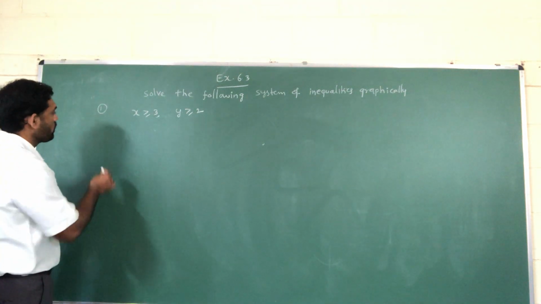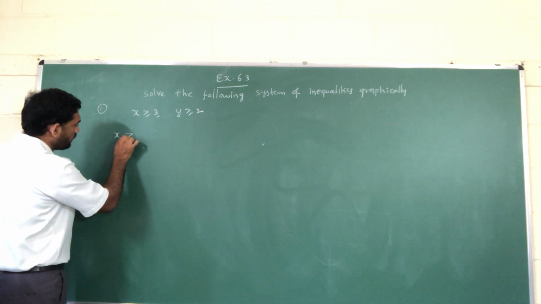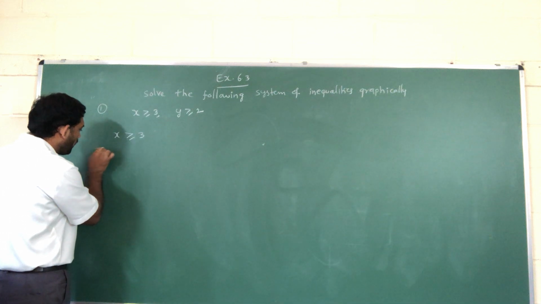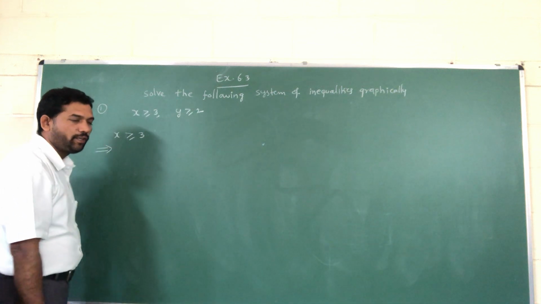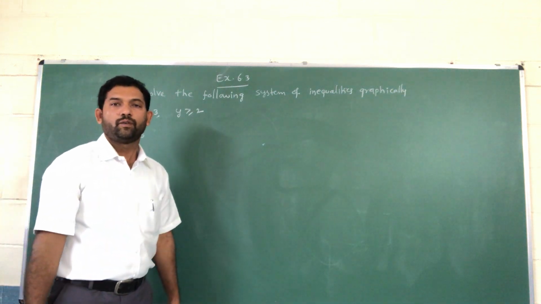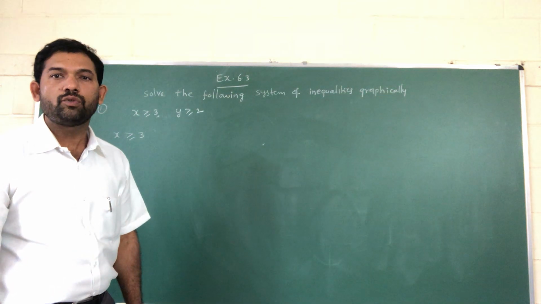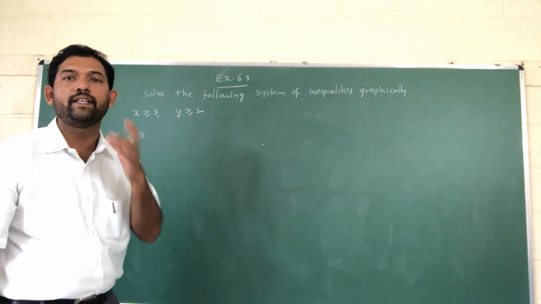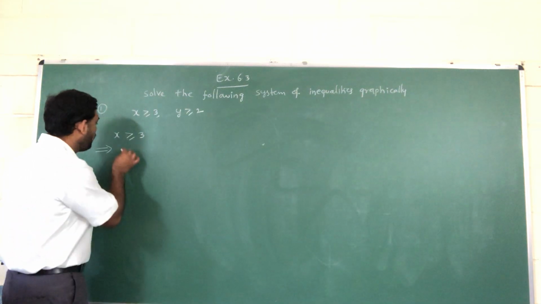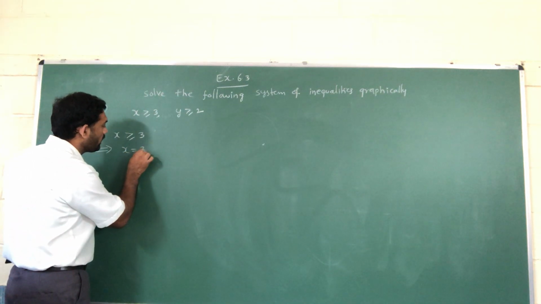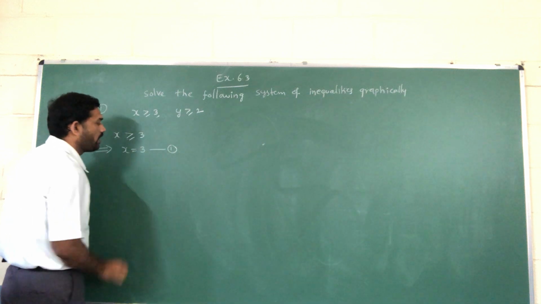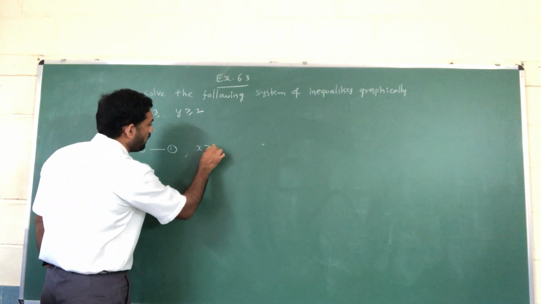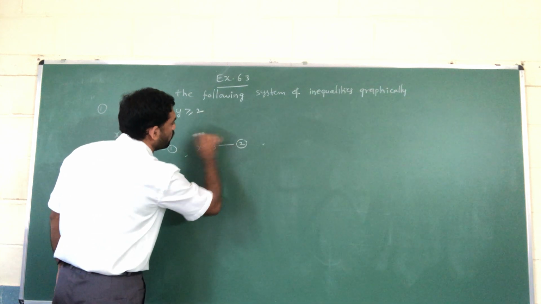First take the first one, x greater than or equal to 3. From this one you can separate it into two: one is an equation and the other is an inequality. I will take x equal to 3 as equation number 1, and x greater than 3 as equation number 2.